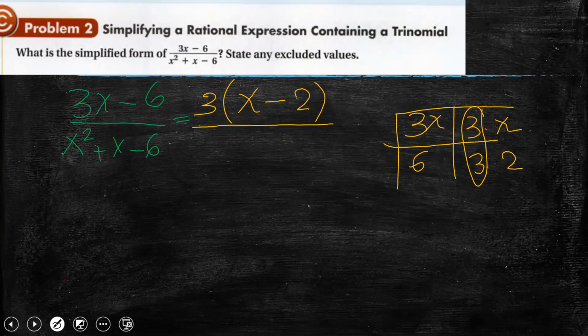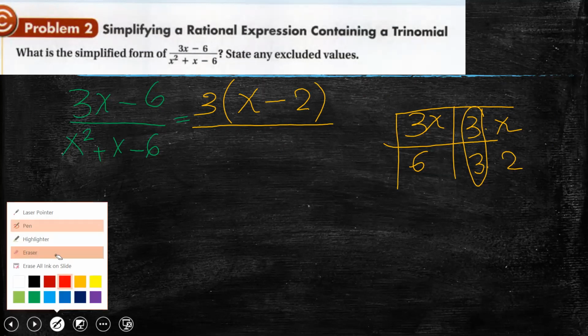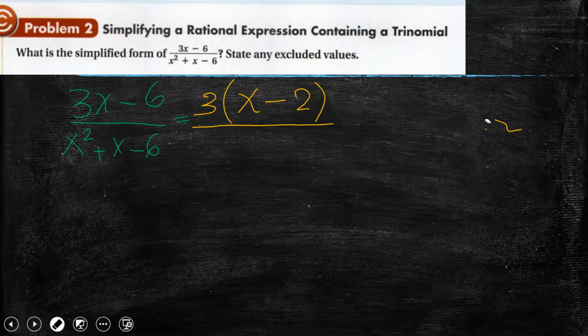Now look at the denominator. In the denominator here, we have a trinomial. I want now to factorize it. Do you remember in the previous chapters, in chapter 8, we learned how we can factorize? What we have to do, we open 2 brackets here.